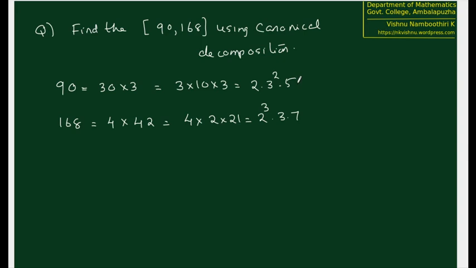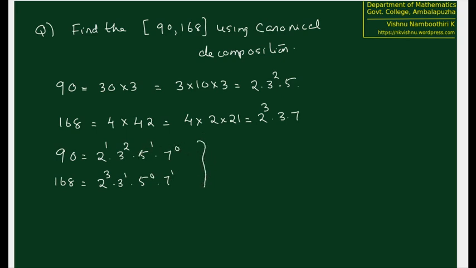So if you want, we can write a 7 to the power 0 here, or 5 to the power 0 also here. So 90 is equal to 2 to the power 1, 3 square, 5 to the power 1, 7 to the power 0, and 168 is equal to 2 to the power 3, 3 to the power 1, 5 to the power 0, and 7 to the power 1.